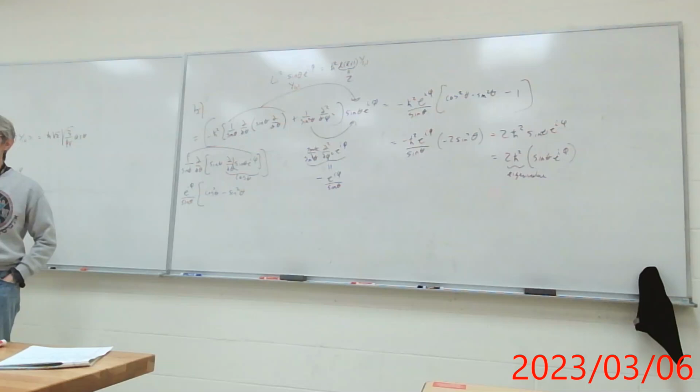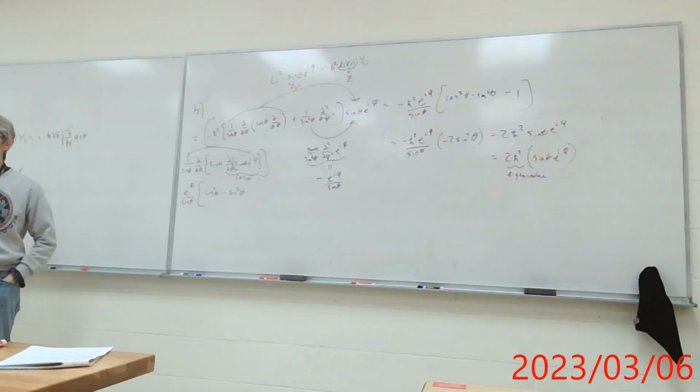Yay! Which is minus h bar squared e to the i phi, oh, sorry, over sine theta, over sine theta times minus 2 sine squared theta, which is 2 h bar squared sine theta e to the i phi.